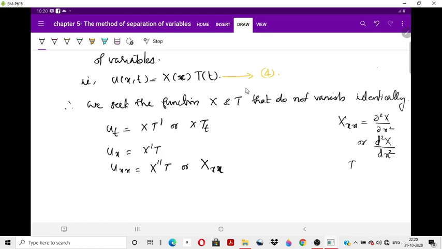T is a function of t, and T prime means dT/dt. These are the notations, which can be simply written as subscripts, like u_xx.